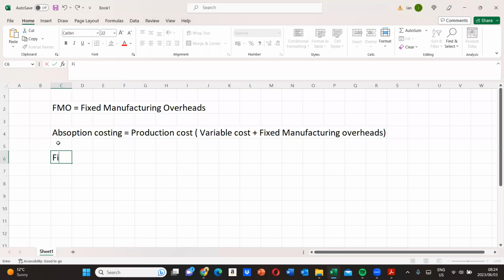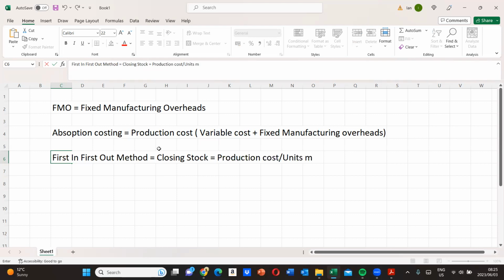And then the company is using the first in, first out method. What is the implication of that? You're going to find your closing stock by calculating production cost, divided by units manufactured, multiplied by closing stock units. See that? So that is the implication of that.